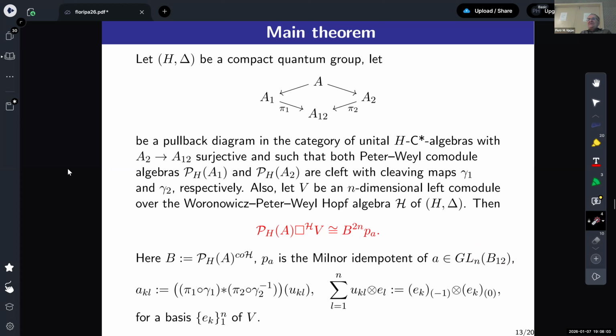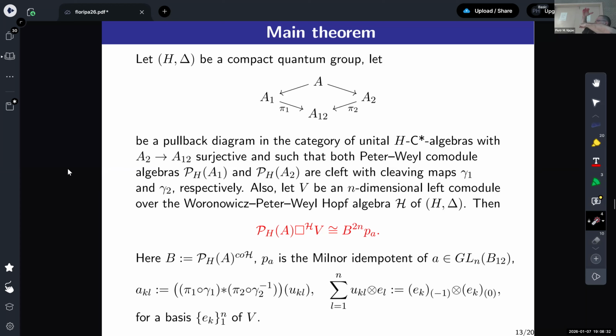If you look at it geometrically, it's the following. This is, after all, a certain clutching of two trivial bundles. So when do I say that my bundle is locally trivial? When I have a local section. But imagine that my two open sets, or closed if you want, over which I trivialize my bundle, intersect. So when I look at the bundle over the intersection, I have two different sections.